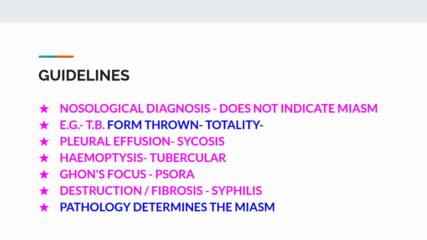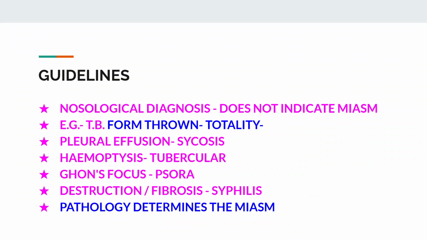So, other guidelines: nosological diagnosis does not indicate miasm. For example, TB is not always tubercular miasm. You have to consider what the form thrown is. If a patient comes with pleural effusion and has tuberculosis infection, it indicates psychotic miasm. If the patient comes with hemoptysis, it indicates tubercular miasm.